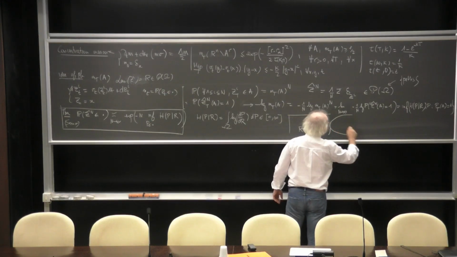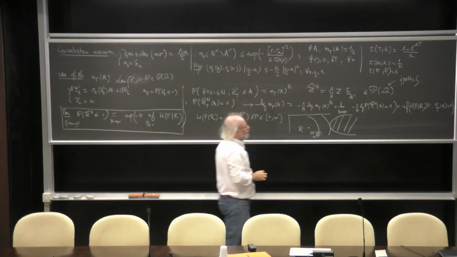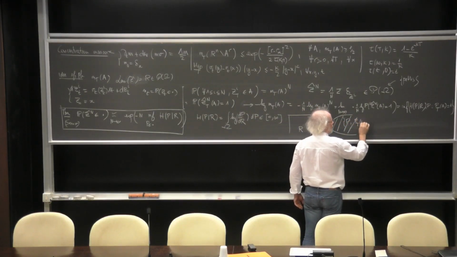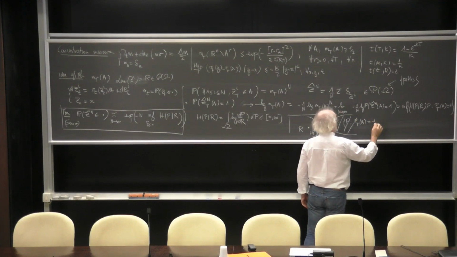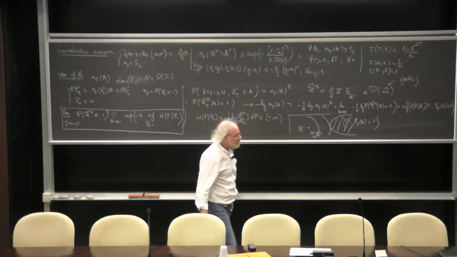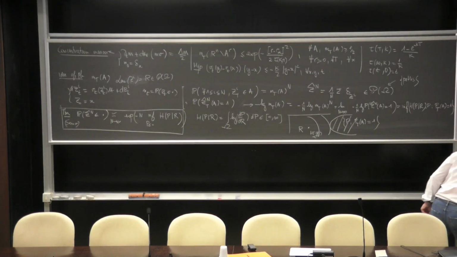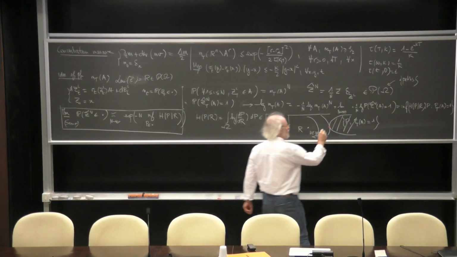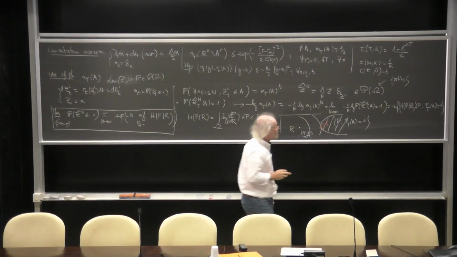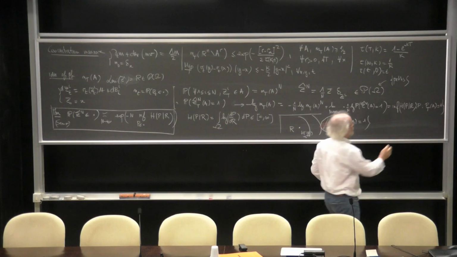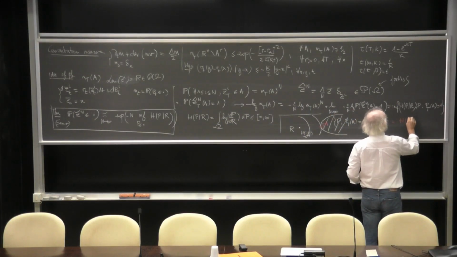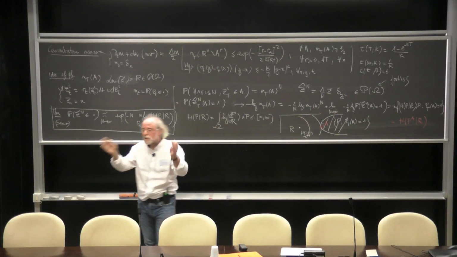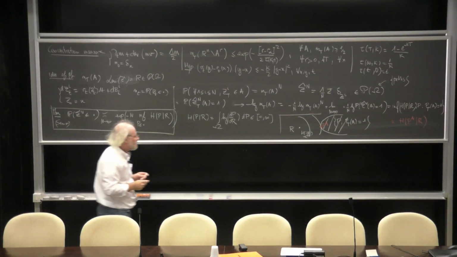Here is a potato, which represents the set of all P's such that P_t(A) is equal to 1. And here there is a probability which I call P_A, which is the minimizer of our problem. So this is equal to H(P_A with respect to R). It's unique because of the strict convexity of the relative entropy.